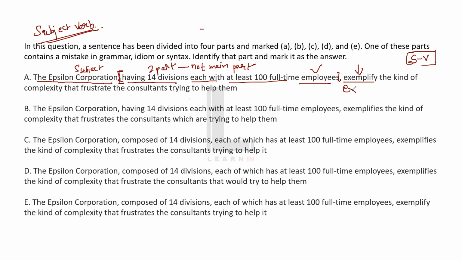It should have been exemplifies. Done. Okay, easy था. Right. So subject verb agreement के basis पे ये गया. We do not need to move down the lane. The first one was subject verb agreement. वो अपने side में रखो.